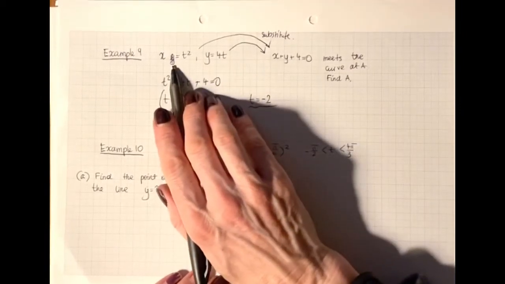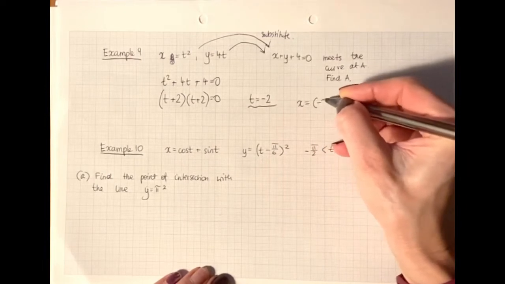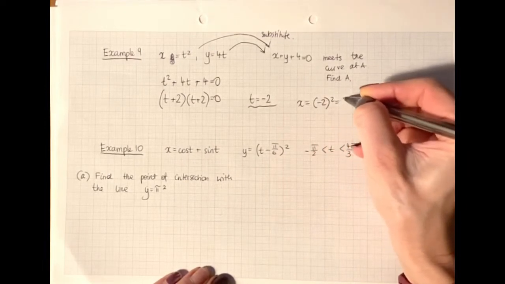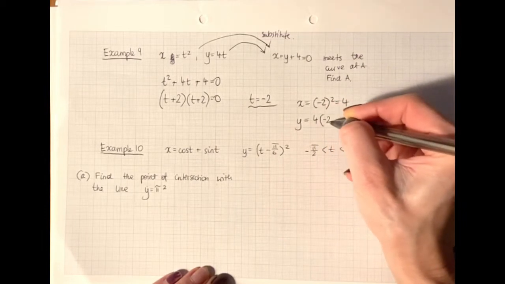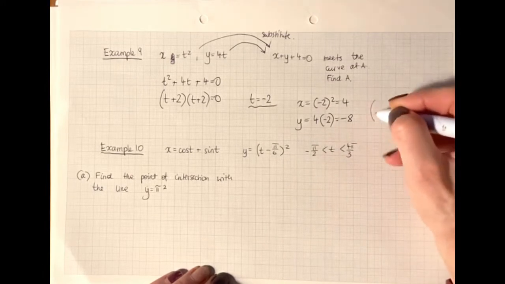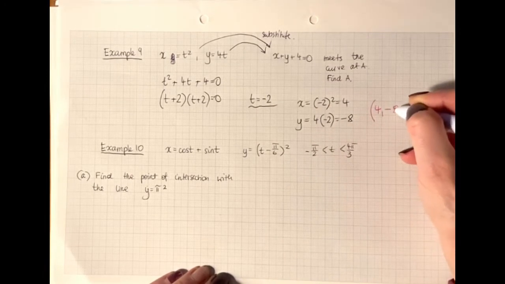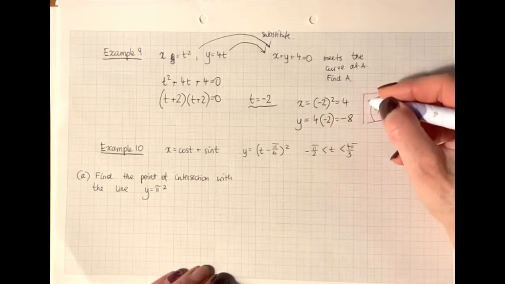Substitute this minus 2 into the parametric definition. So you get minus 2 squared, that's 4. And then you get y equal to 4 multiplied by minus 2, which is minus 8, giving us the point (4, -8). So that is the point A.